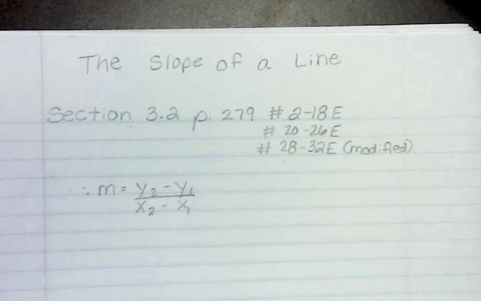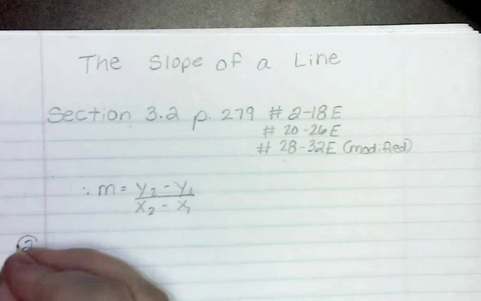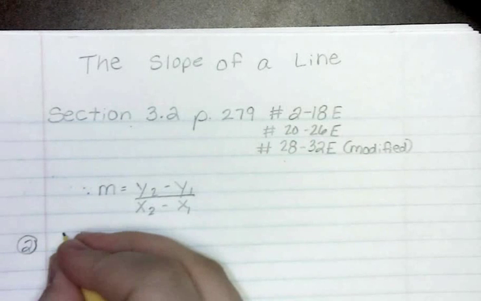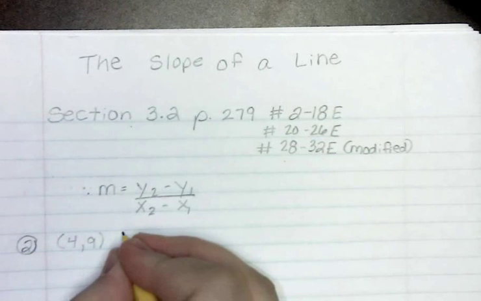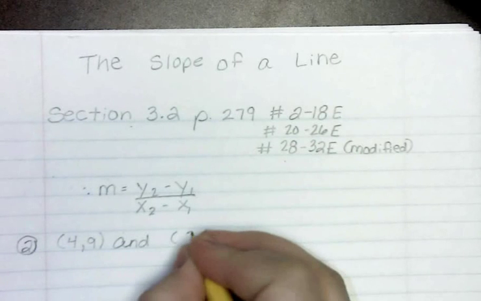Okay. So on number 2, they tell us that our graph crosses through these 2 points, (4, 9) and (3, 7).